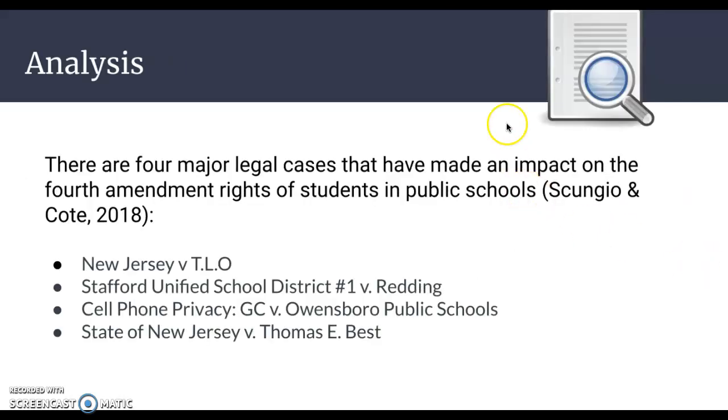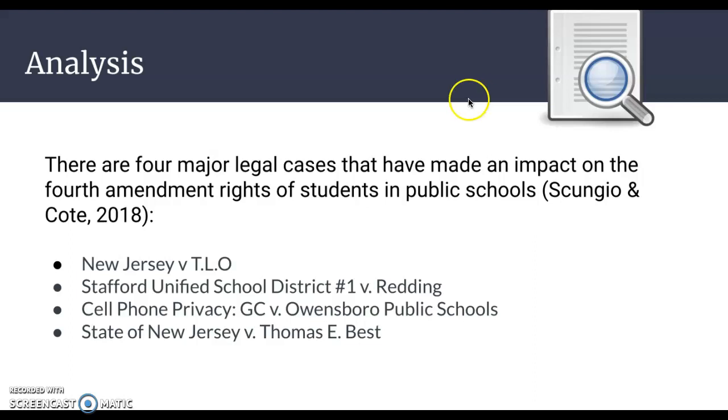My analysis includes 4 major legal cases that have made an impact on Fourth Amendment rights of students in public school. These 4 are New Jersey versus TLO, Stafford Unified School District Number 1 versus Redding, Cell Phone Privacy, G.C. versus Owensboro Public Schools, and State of New Jersey versus Thomas E. Best.